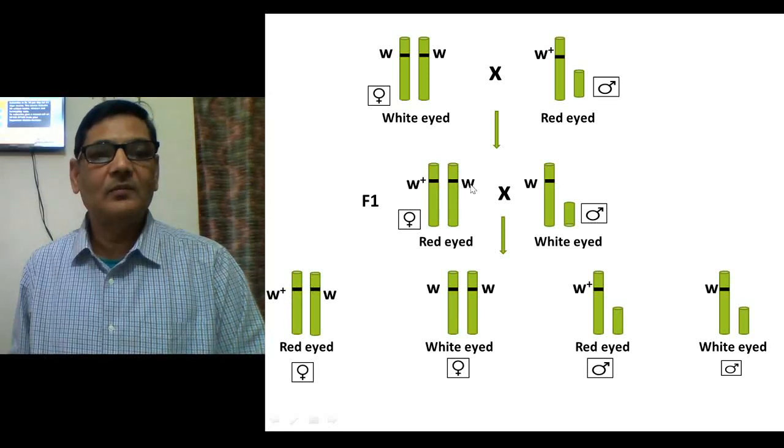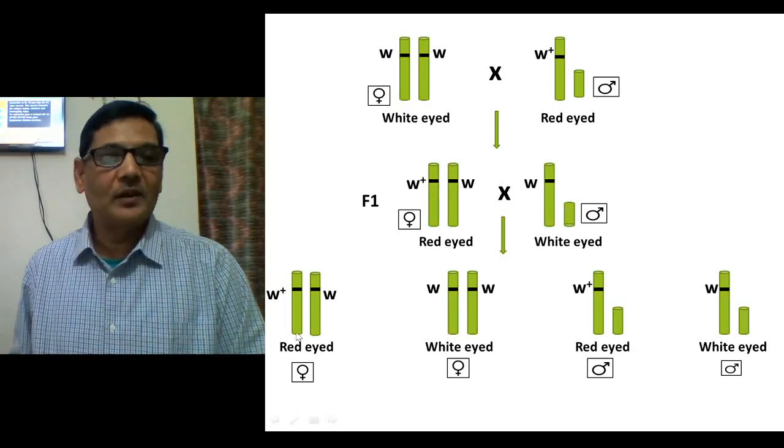Then, this W-containing X chromosome combines with the W X chromosome of the male and becomes WW. So this will be a white-eyed female. Now the W plus combines with the Y chromosome and that will be a red-eyed male. Then the W combines with the Y chromosome and forms a white-eyed male.